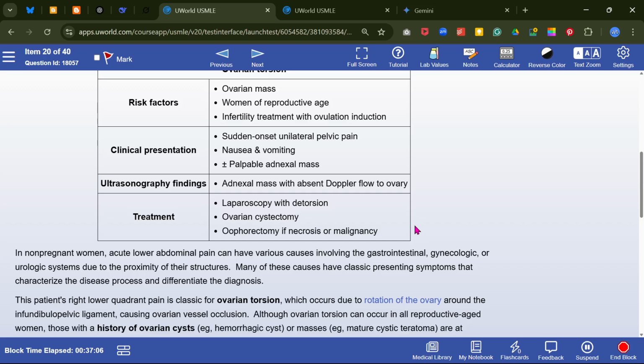Many of these causes have classic presenting symptoms that characterize the disease process and differentiate the diagnosis.